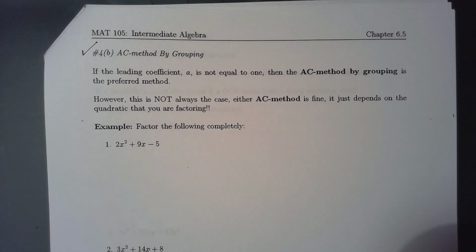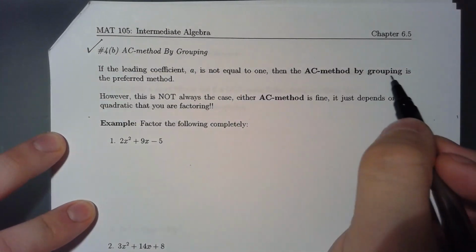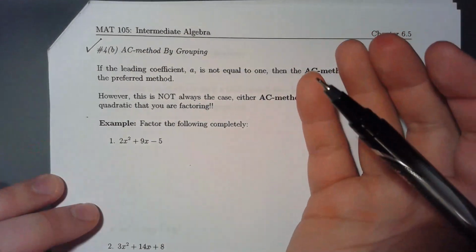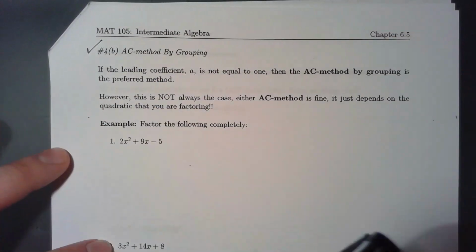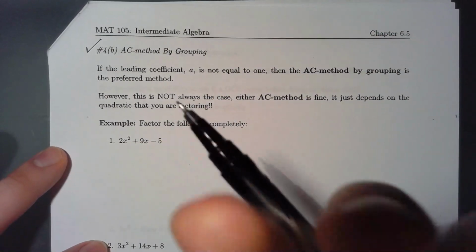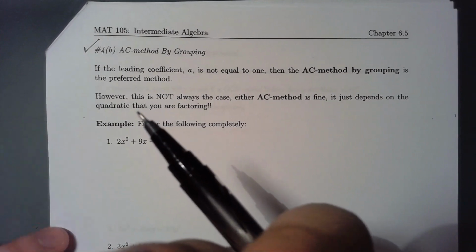Again, if the leading coefficient is not equal to 1, then perhaps you should try this. But it's really up to you. If you like doing it this way or the other way, I prefer the trial and error way because I understand it, and I've been doing it for nearly 20 years.